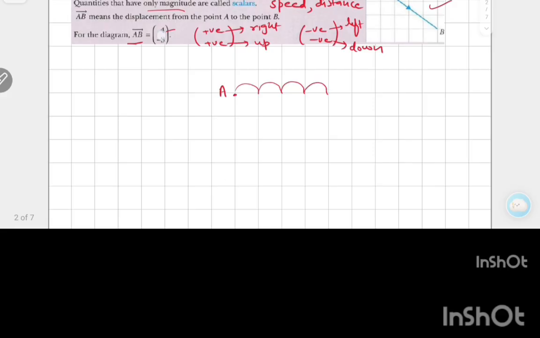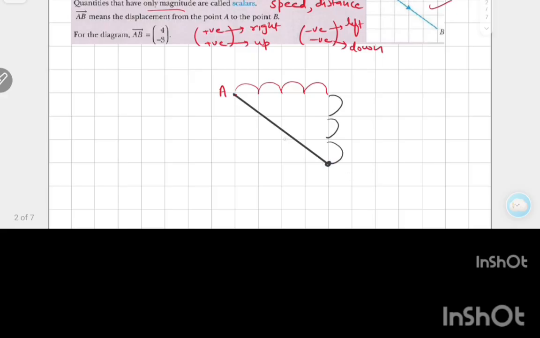It means we go 4 cells to the right, and now minus 3 means we go 3 steps down. Here I explain: -1, -2, and -3. This one is our B, so our line is here.